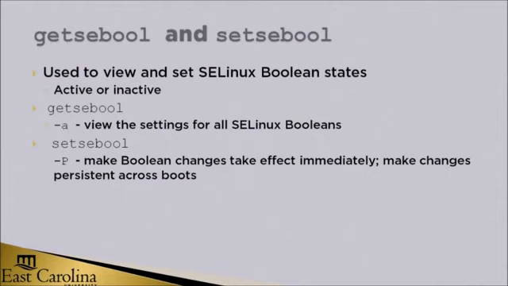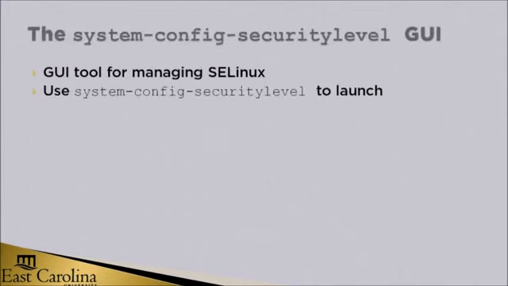Adding the -P switch makes boolean changes take effect immediately and makes the changes persistent across boots. You can also edit several SELinux options through the use of the system-config-securitylevel GUI. To launch the GUI, you simply enter the system-config-securitylevel terminal command.